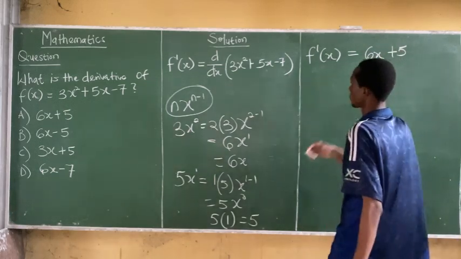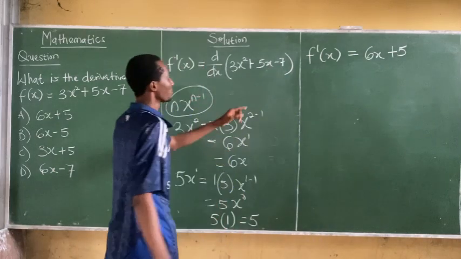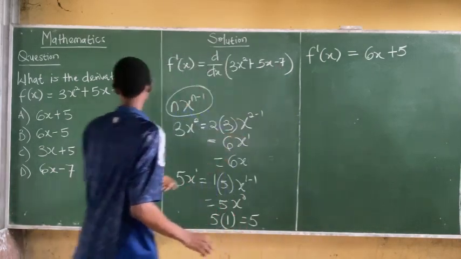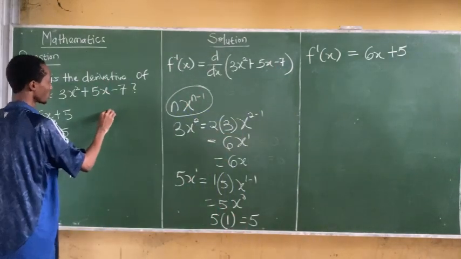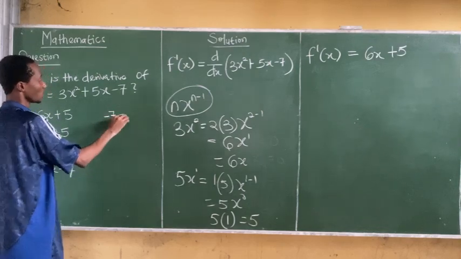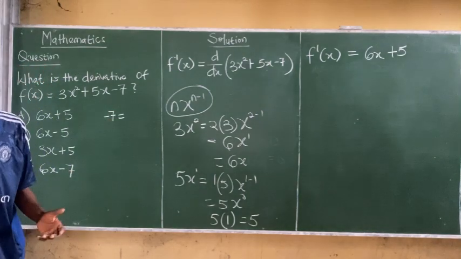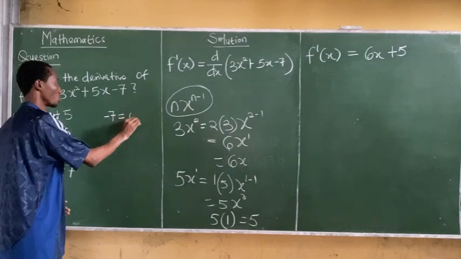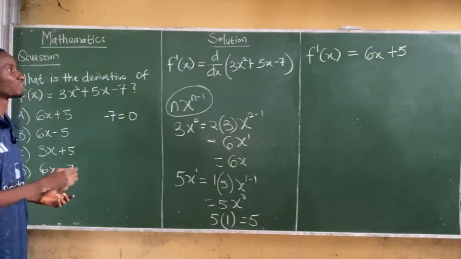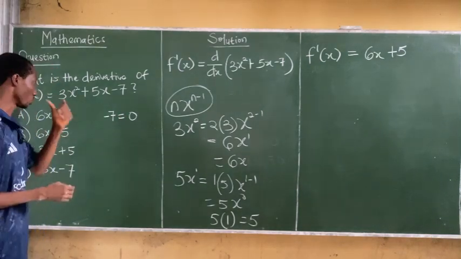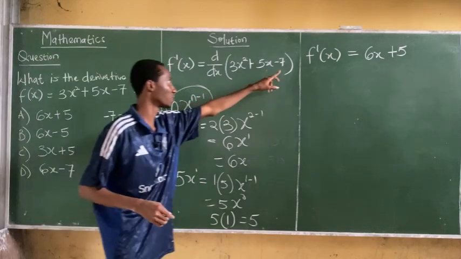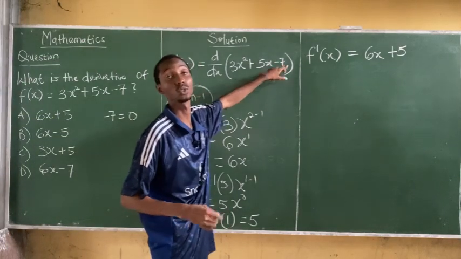We have 5 here. The third term we have is minus 7. Now, when you differentiate a constant, you have 0. Take note, whenever you differentiate a constant, you have 0. So this is a constant here, 7. It doesn't have a variable attached to it, so it's a constant.